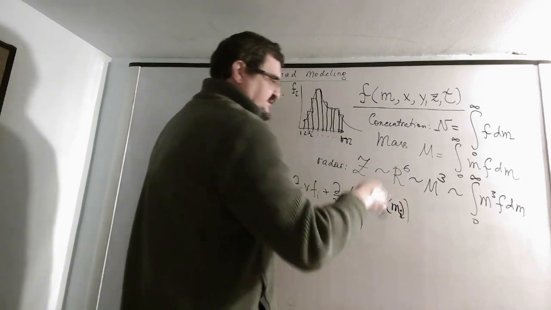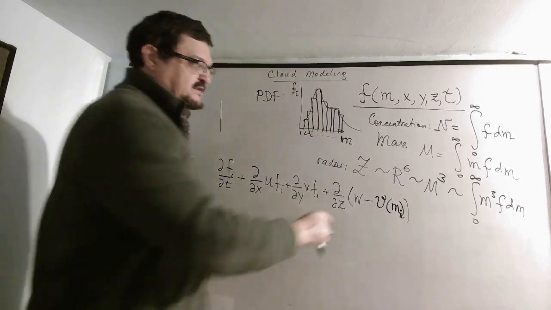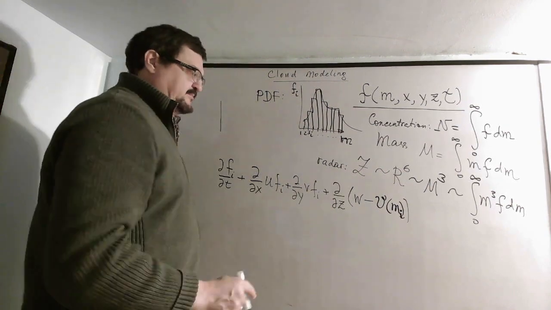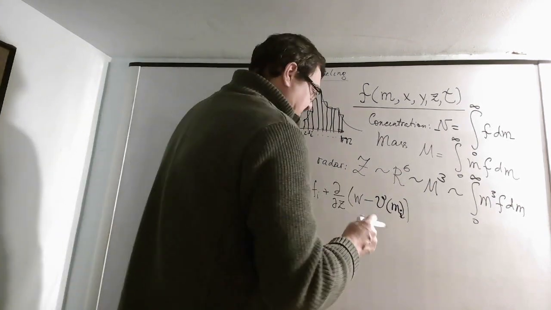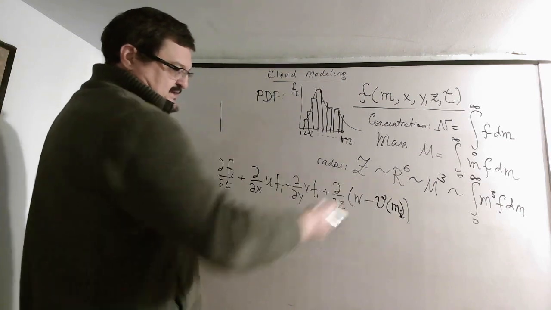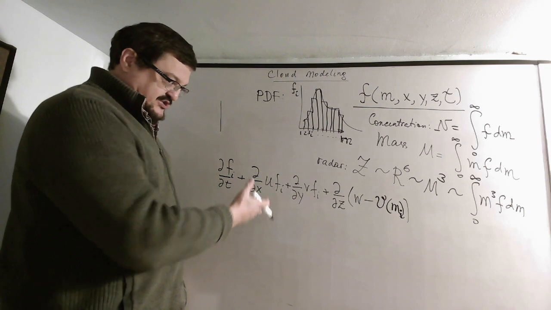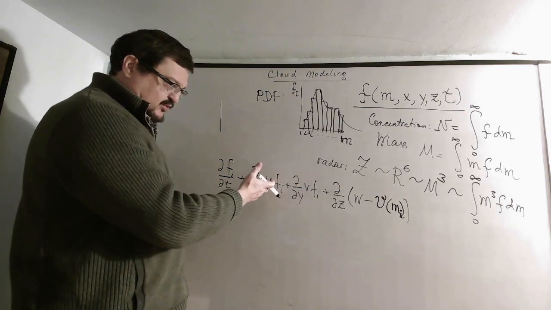You see it's negative because particles fall down, and this terminal velocity of these particles depends, of course, on mass. This is just the normal advection equation that we solved, for some quantity f.